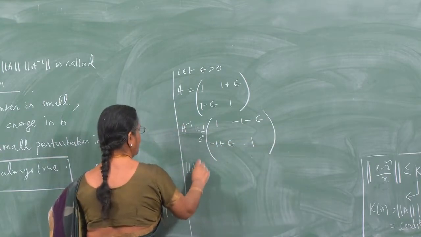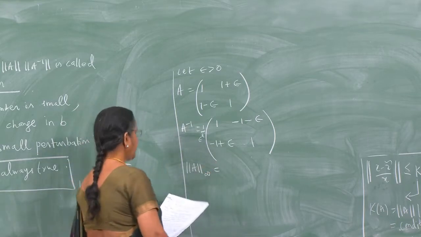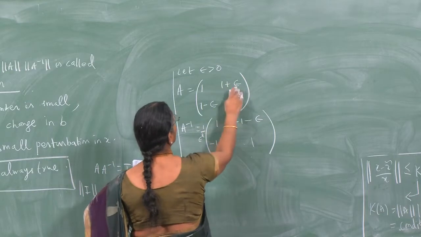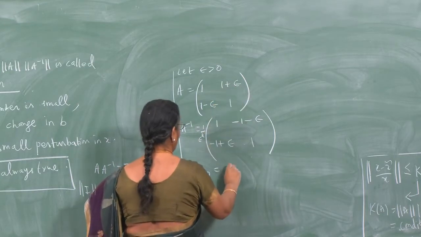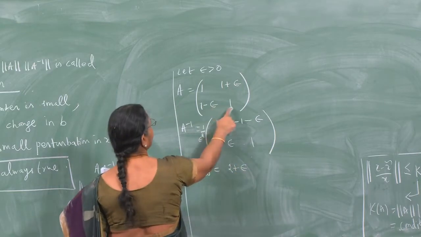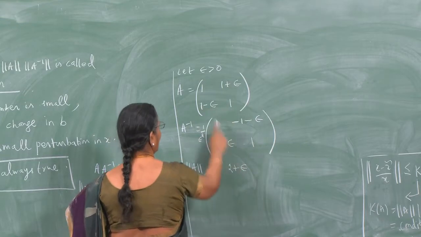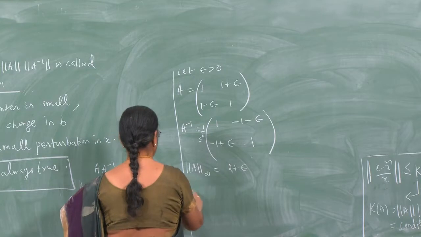So, let us compute norm A infinity. It is the maximum absolute row sum. So, it is 2 plus epsilon, and here it is 2 minus epsilon, the maximum. So, I take that to be norm A infinity.